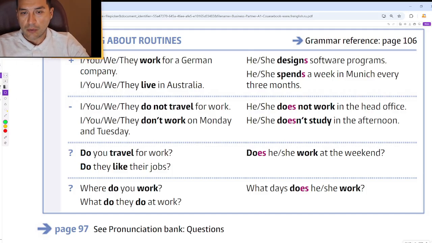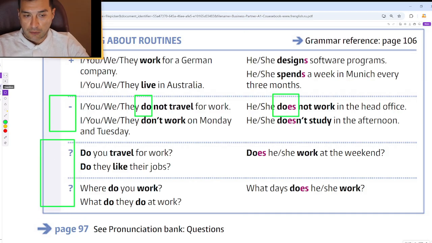Let's review because we have the auxiliary do and does that we use for negative and for questions. Negative formula and question formula. We use do with I, you, we, they.